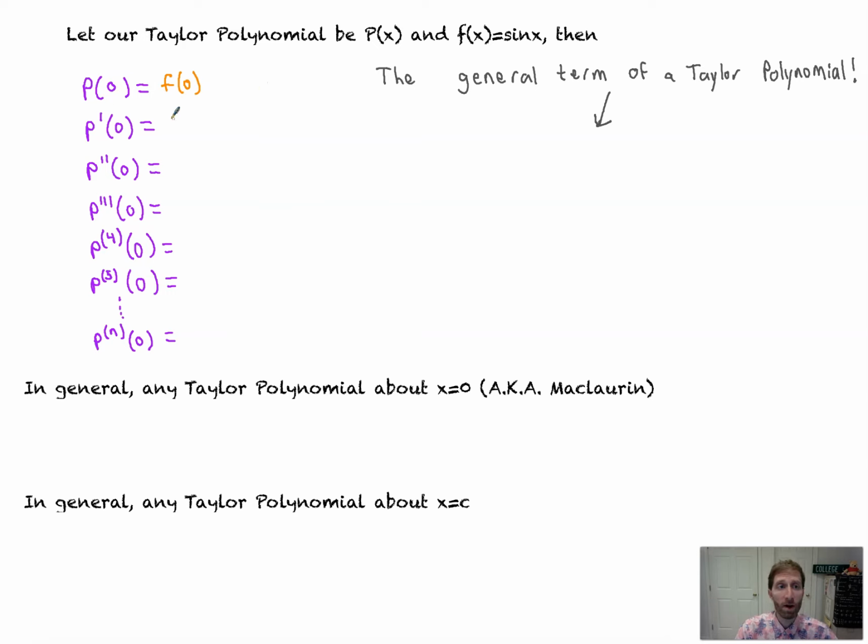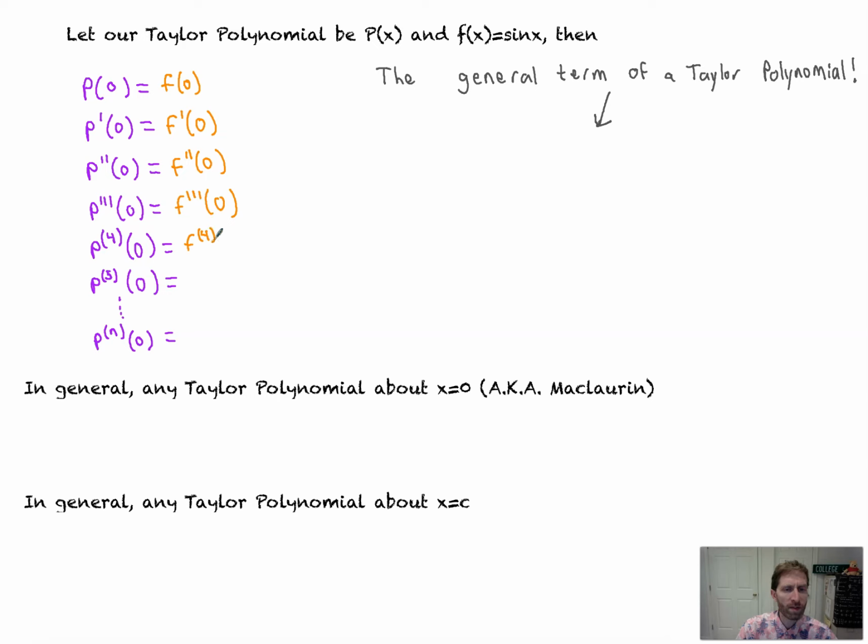P prime of 0, the derivative of the polynomial we're going to build, will equal the first derivative of the true function, sine of x, at 0. The second derivative of the polynomial at 0 needs to equal the second derivative of sine of x at 0. The third derivative of the polynomial needs to equal the third derivative of the true function at 0. The fourth derivative, and you get the point.